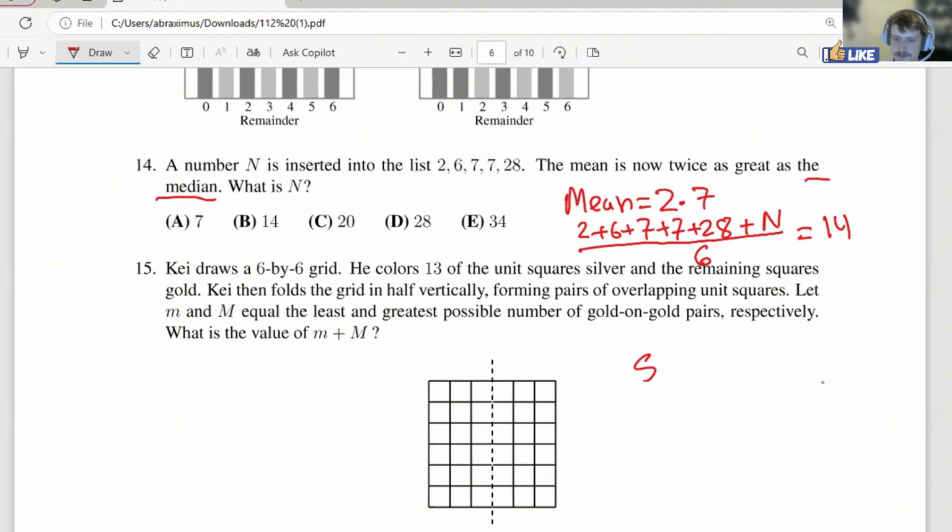So we have 50 plus n is equal to 84. Oh, did I do my math wrong? Let's see. 6 times 14, that's 84. Oh, n equals 34. Sorry, I doubted myself, but I got it right. So that is E.